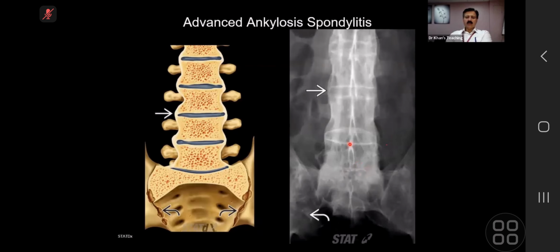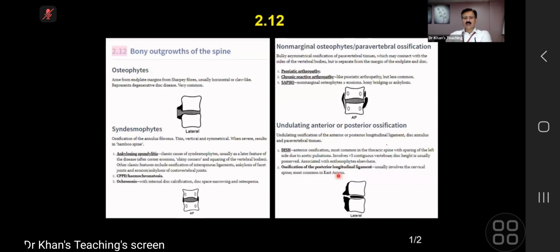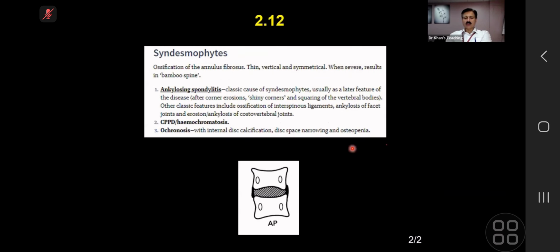It will be multi-level, and this will give you a bamboo spine. Look carefully. You see, look at this. This is involved. Look at this. This is involved. And remember, in paravertebral, even bridging type, it was like this. PSA or CI. So do use the word Syndesmophyte for this entity, and not this one. So this is a Syndesmophyte, and this is paravertebral ossification.